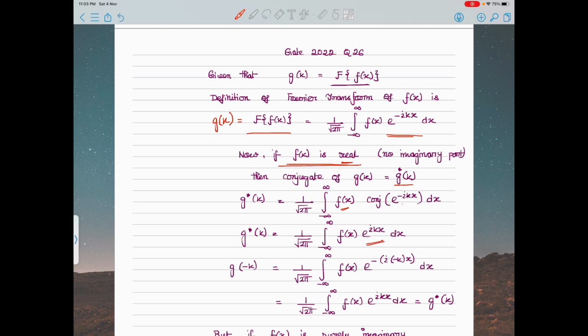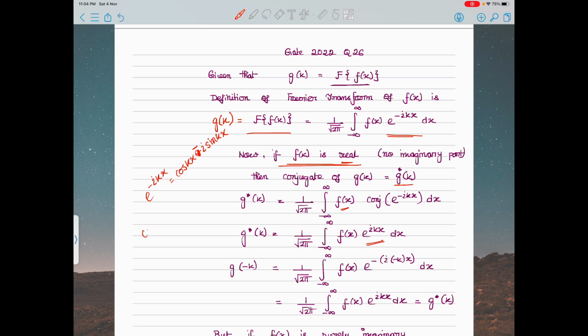But the conjugate of the imaginary part, like e to the power minus iota kx, becomes e to the power iota kx. Why can we write e to the power iota kx? Because e to the power minus iota kx can be written as cos kx minus iota sin kx.